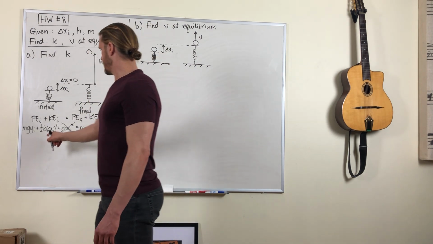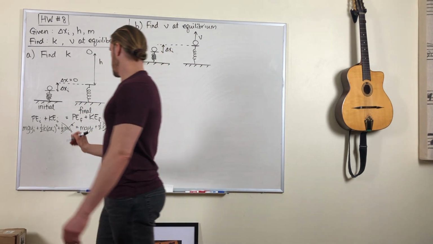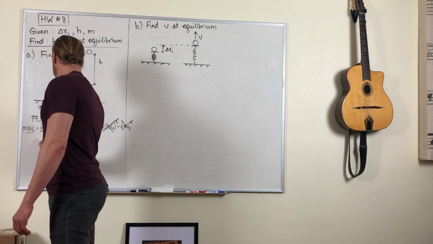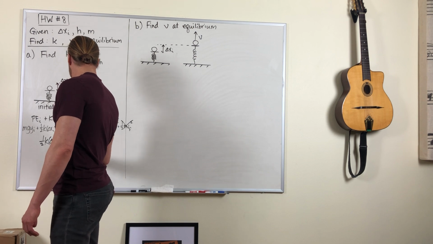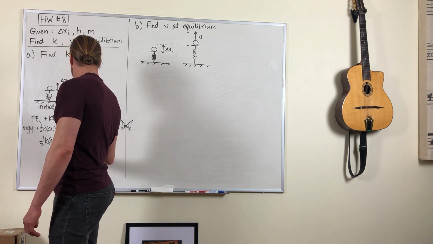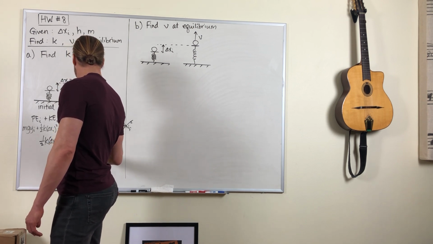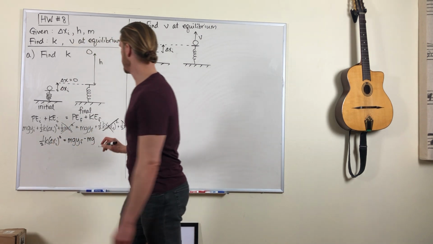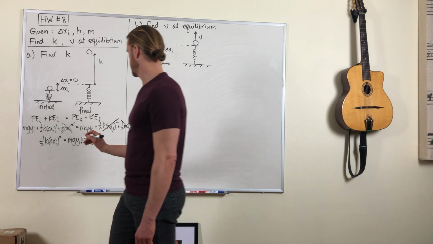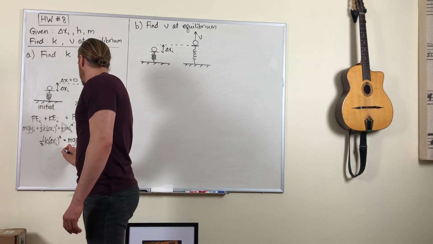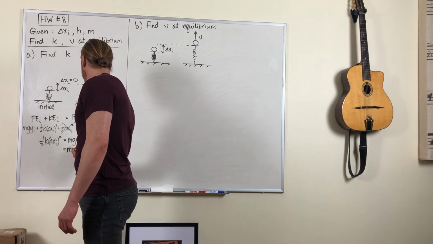So let's do some algebra and start solving for K. We've got 1/2 K times delta x initial squared equals mg y final minus mg y initial. Let me simplify this right-hand side a little bit.